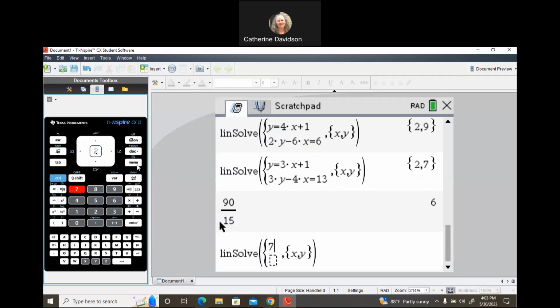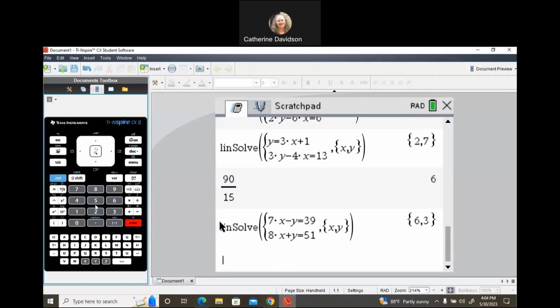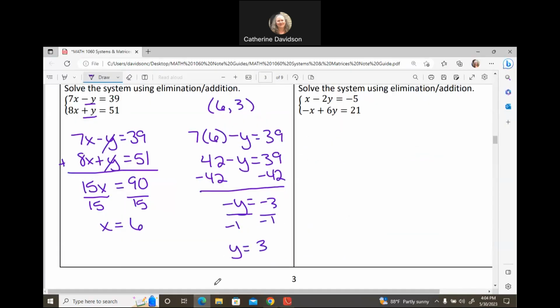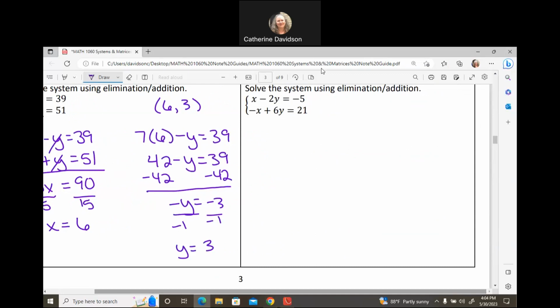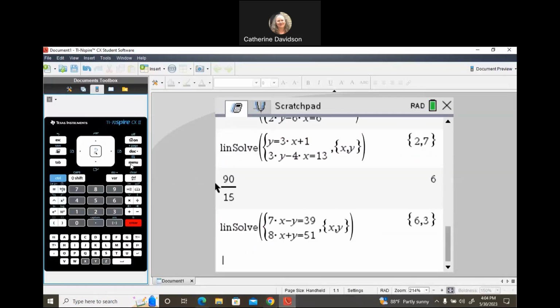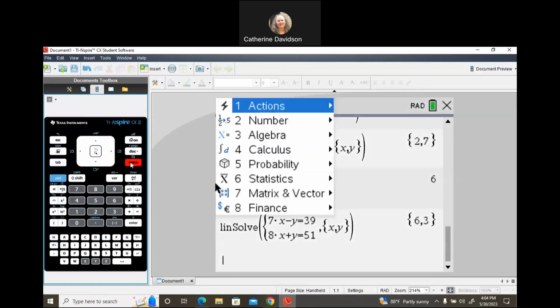Whatever you prefer. And it gave me 6, 3, which is what I got. All right. So again, this last one here, which is straight computation, I'm just going to do it by hand.